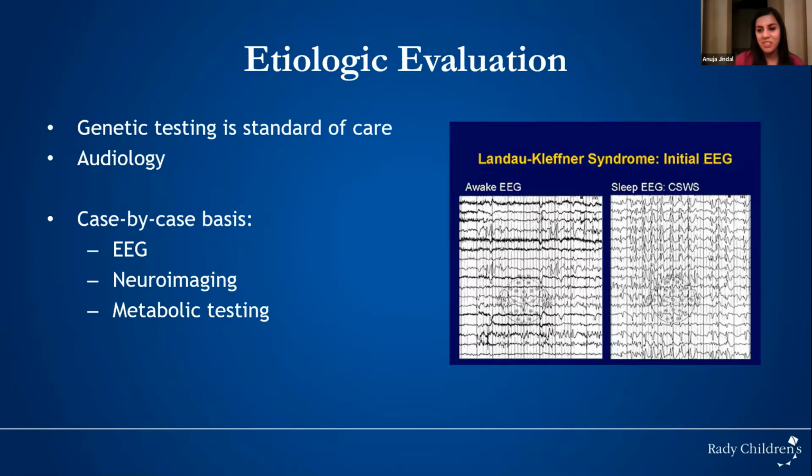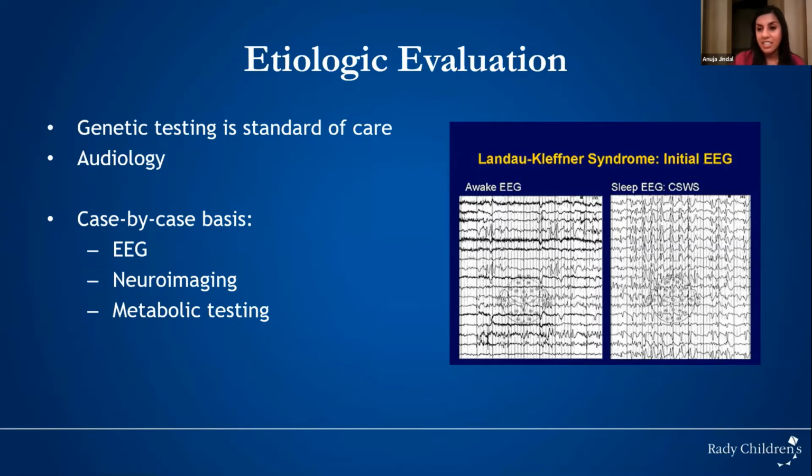This is what I was talking about in terms of a specific EEG signature for a child with a language regression. It's associated with this one specific type of syndrome called Landau-Kleffner syndrome. You can see that on the left-hand side, this is an awake EEG of a child's brain waves, and this is very normal, and there's a lot of variability in it. But on the right, when the child is asleep, you see a lot of these spiky things, and it's very, very regular.